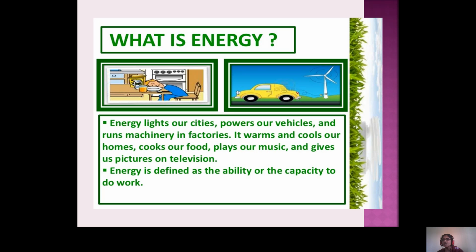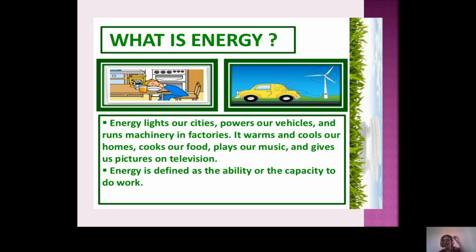Vehicles get their power from energy. Whatever factories and industries there are, big or small scale, the total will run in terms of energy. In winter, energy warms and cools our homes, and we cook our food using energy. We play our music and get pictures on televisions; all the basic needs are totally related to energy.